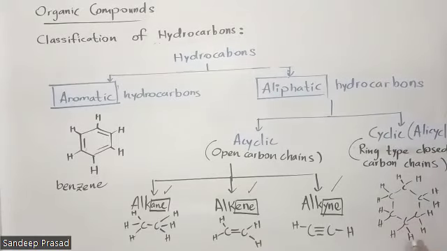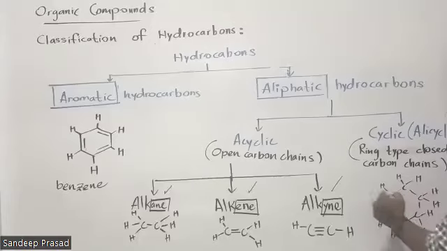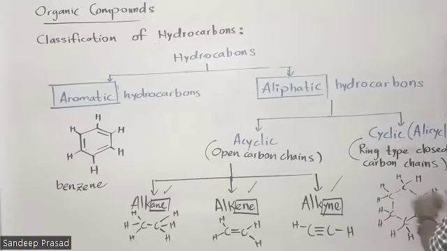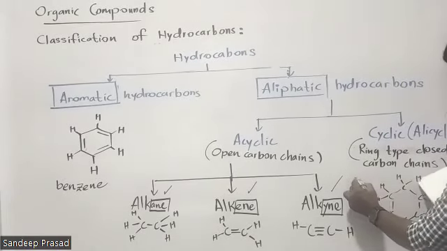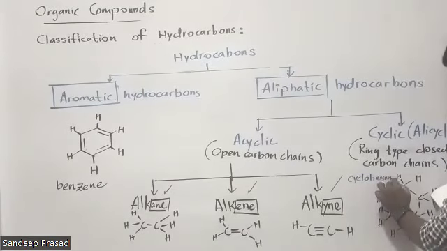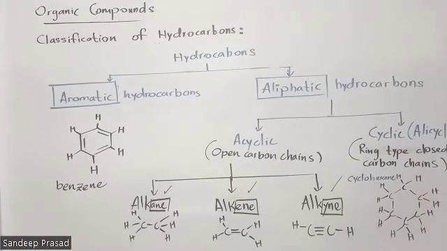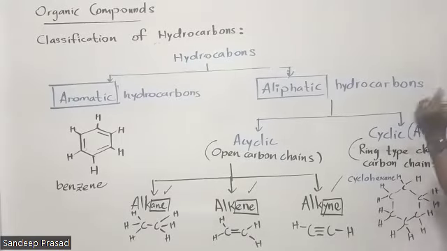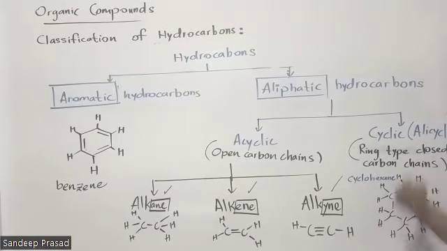Cyclohexane. So likewise, we have some ring type molecules to discuss, except benzene, under these aliphatic hydrocarbons.